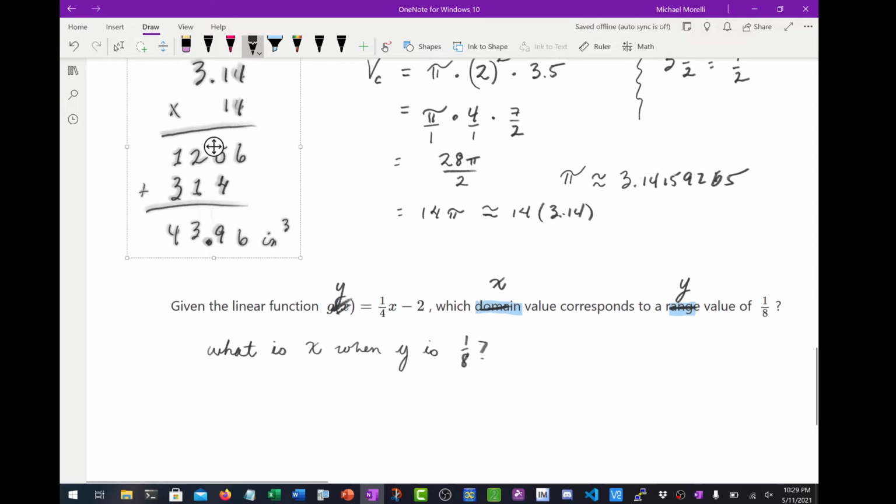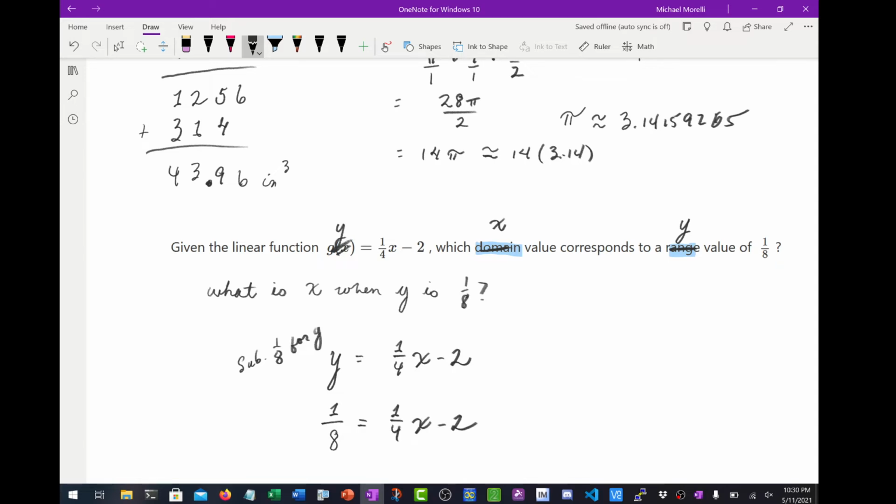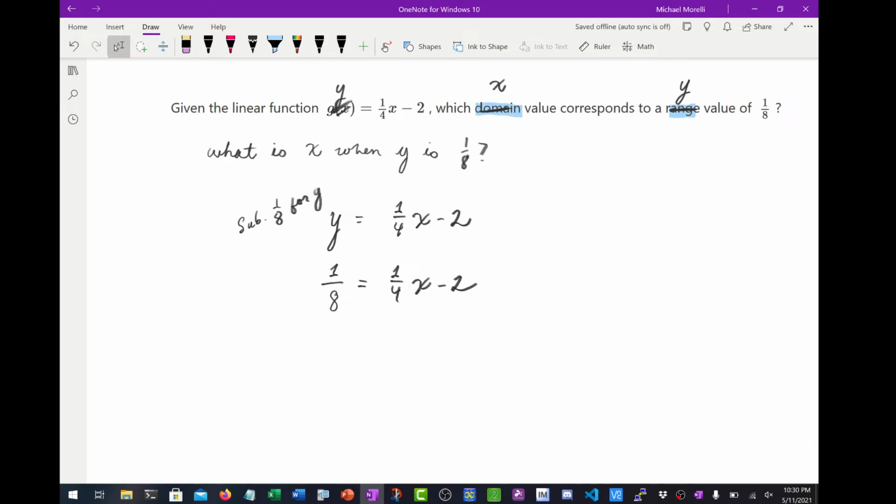Okay, so let's look at that equation again. We were given y equals 1/4 x minus 2. And what we're going to do is substitute 1/8 for y. So I'm going to write 1/8 equals 1/4 x minus 2, and I'm just going to solve.